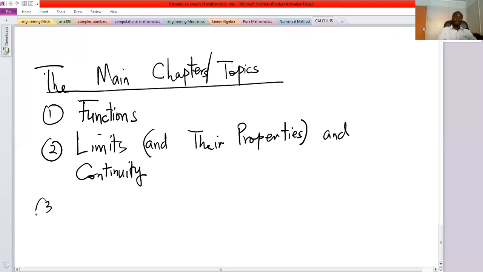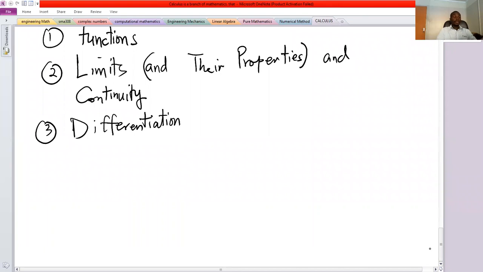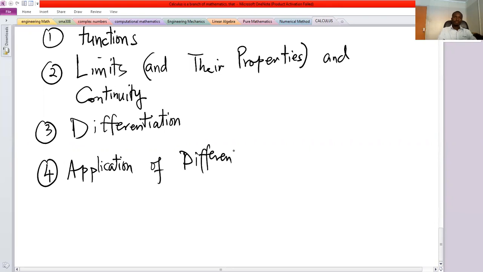And then number three, we have differentiation. Once we have studied differentiation, then number four, applications of differentiation. Number five, we have integration.